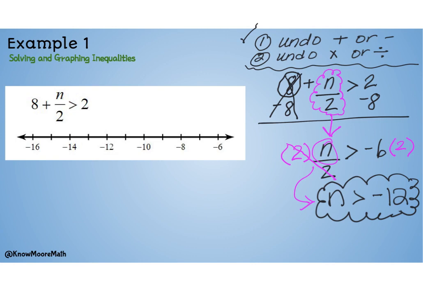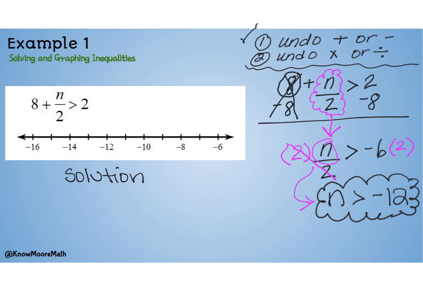It's important that you guys actually realize what you're going to be plotting here. The solution is going to be numbers that are all larger than negative 12. But it doesn't say that it is equal to negative 12, right?